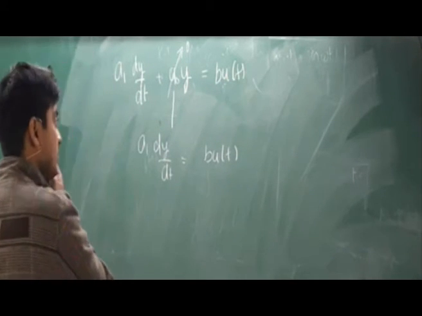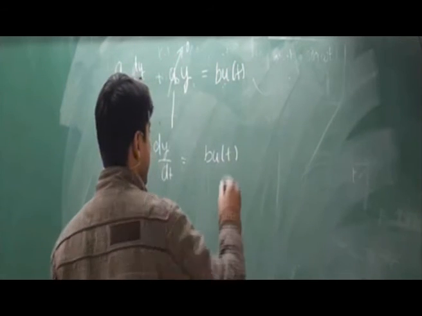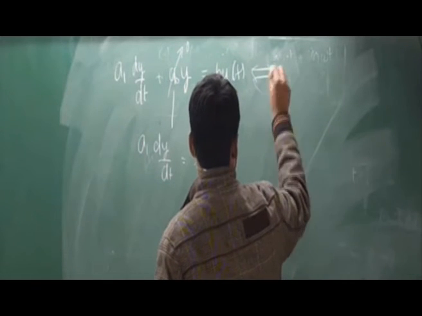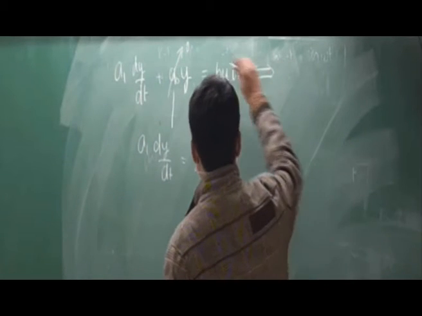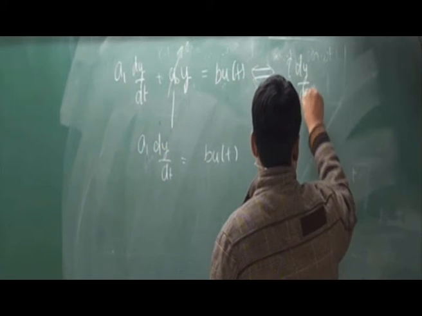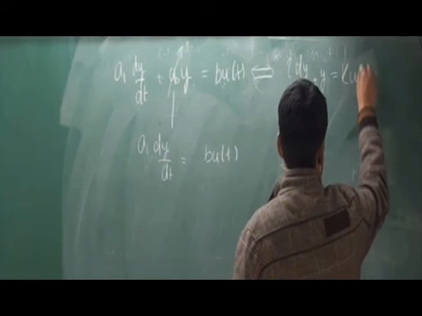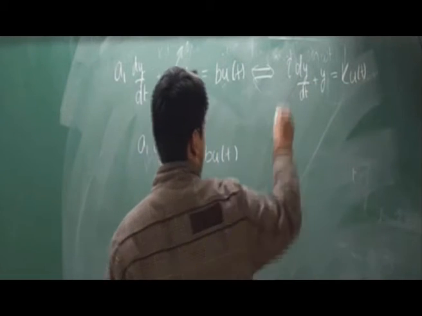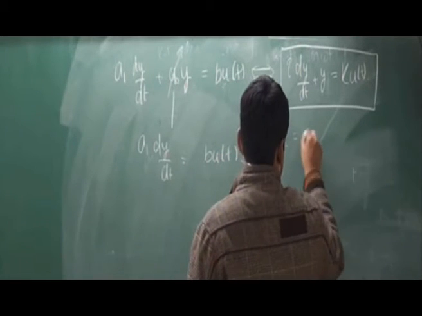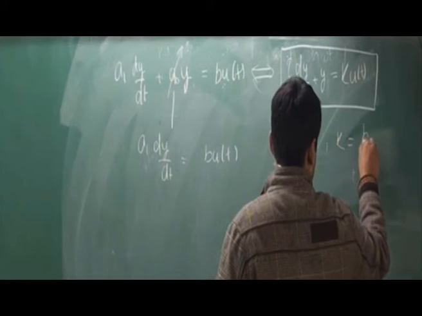and another interesting thing, if I generalize it more in the sense of having time constant and the steady state gain of the system, for this equation, this would be my first order system in the sense of what we have seen so far, where tau is the ratio of A1 over A naught and K is B over A naught.